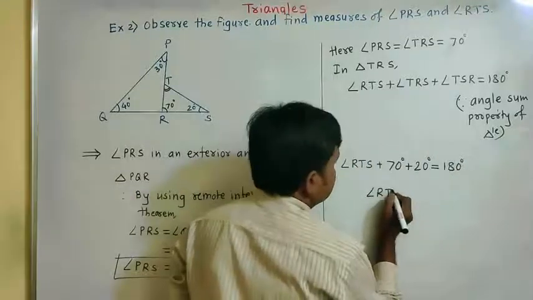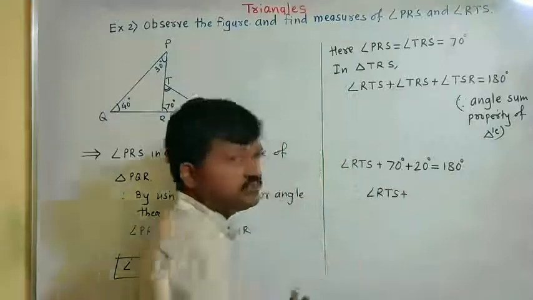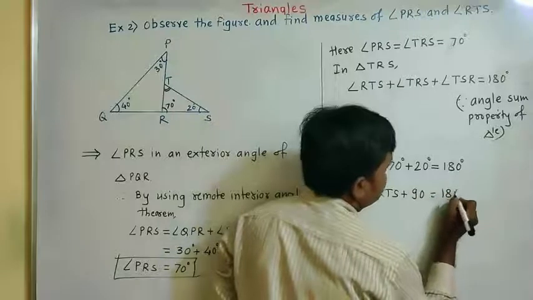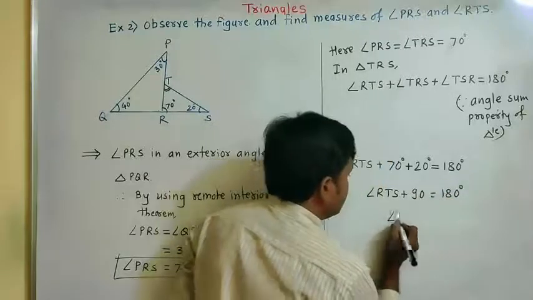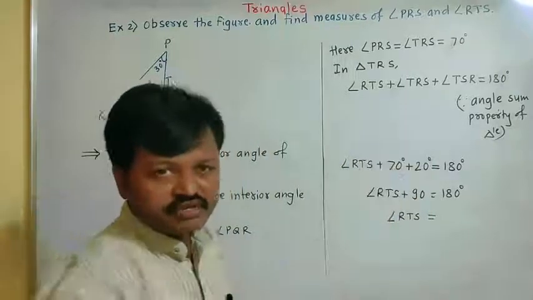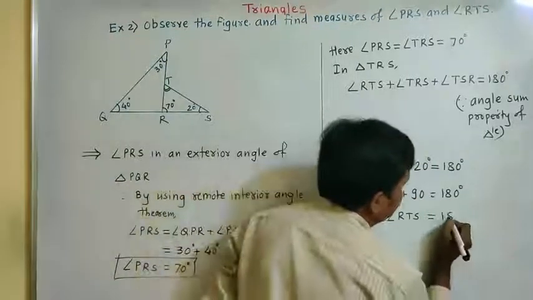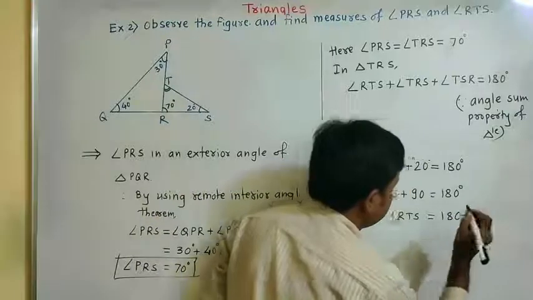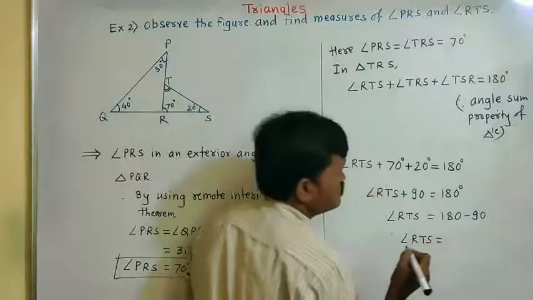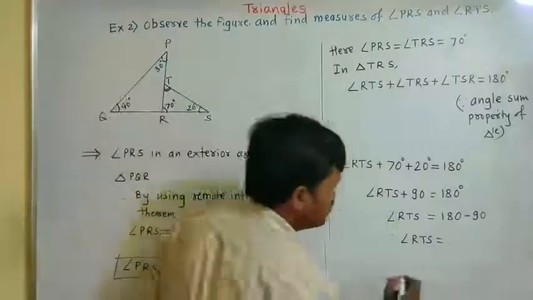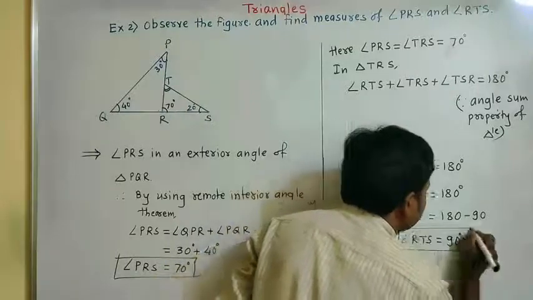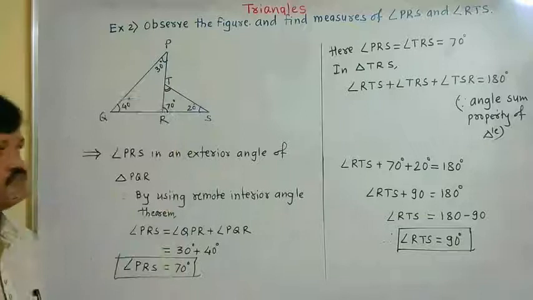Angle RTS plus 70 plus 20, that is 90, is equal to 180 degrees. Take this 90 to the other side, it becomes minus. So angle RTS is equal to 180 minus 90, that is 90 degrees. So the measure of angle RTS is 90 degrees.